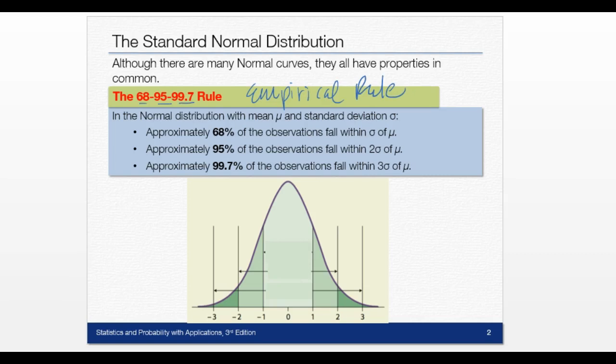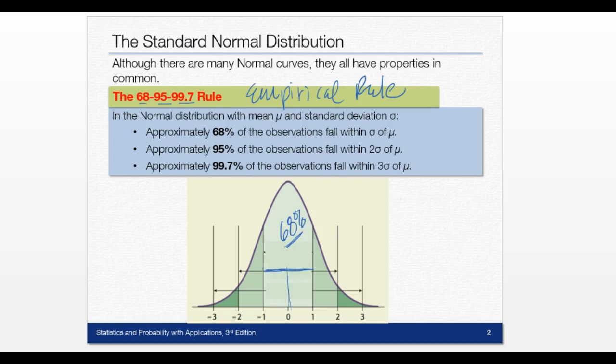It's saying if you have a normal curve like this, that 68% of all the data will fall within one standard deviation from the mean. Remember, the mean is right here in the middle. And this is one standard deviation out either way. So 68% of the data fits within one standard deviation.